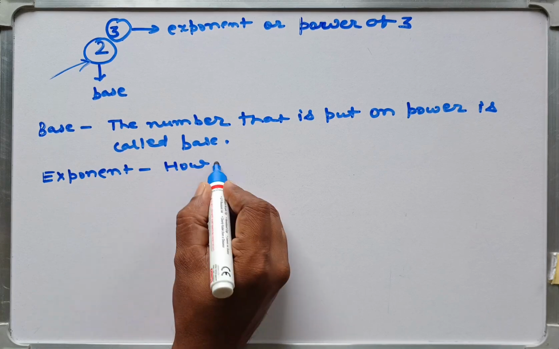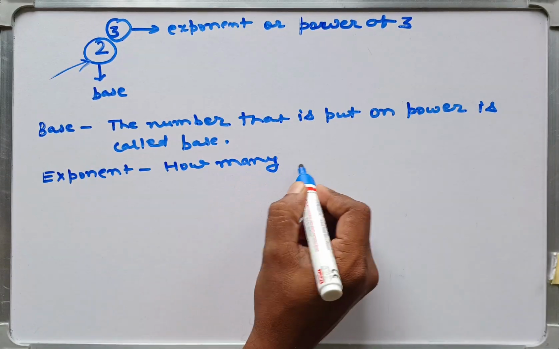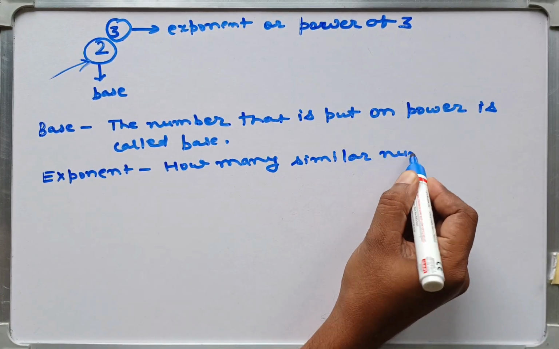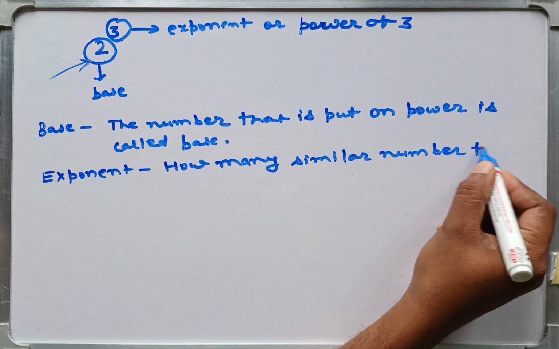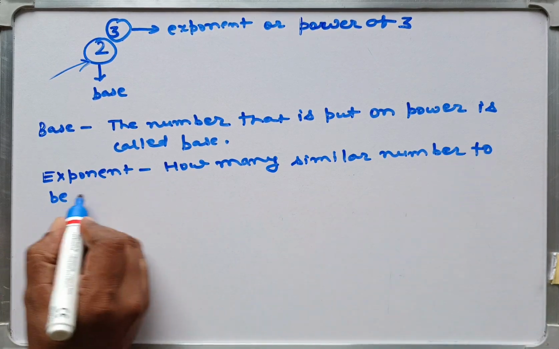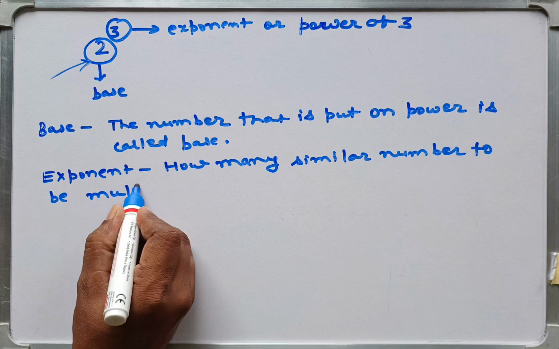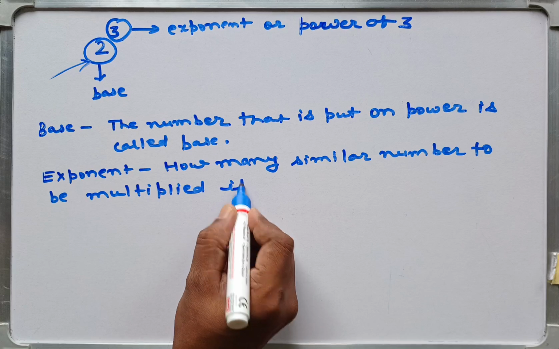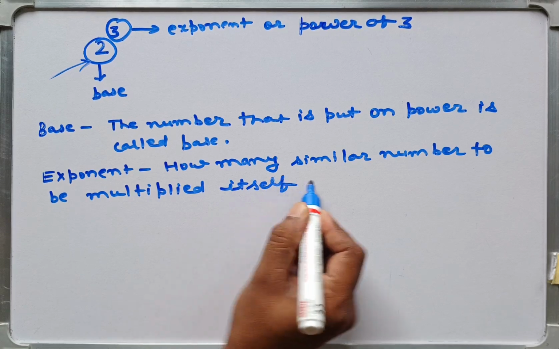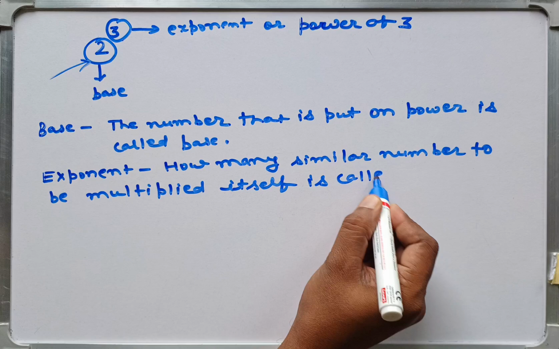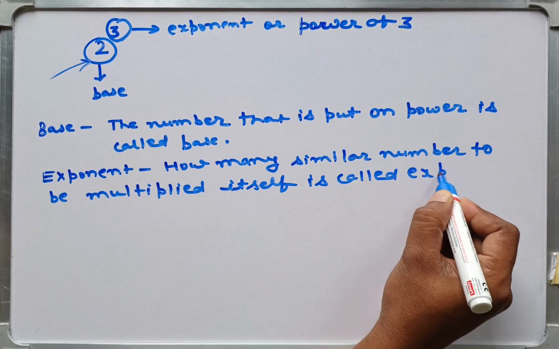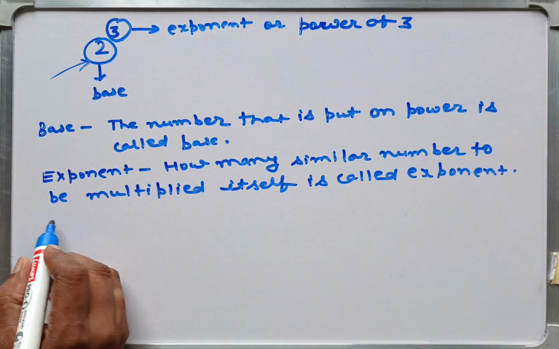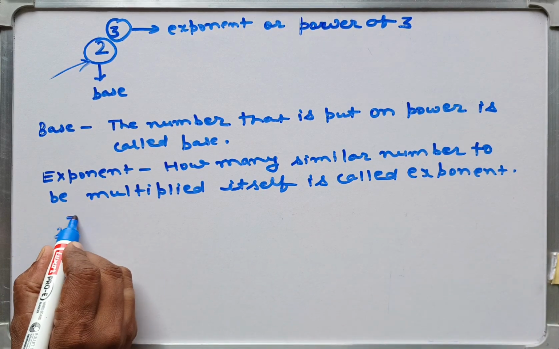How many times a similar number is to be multiplied by itself is called the exponent. So here see 2 to the power of 3.